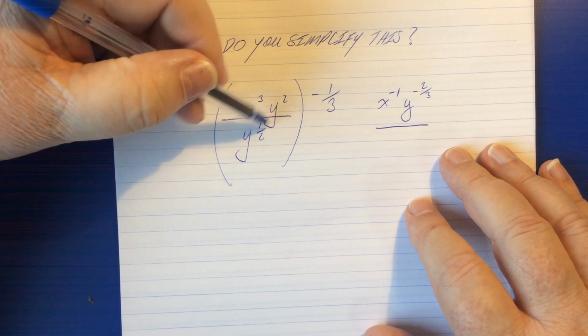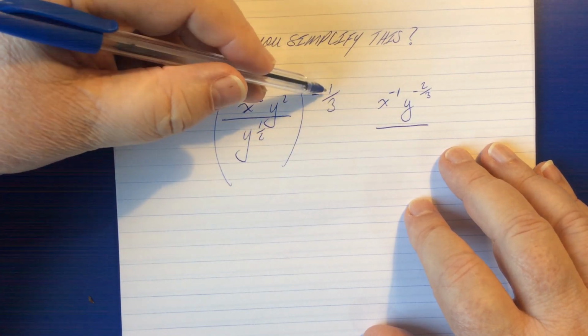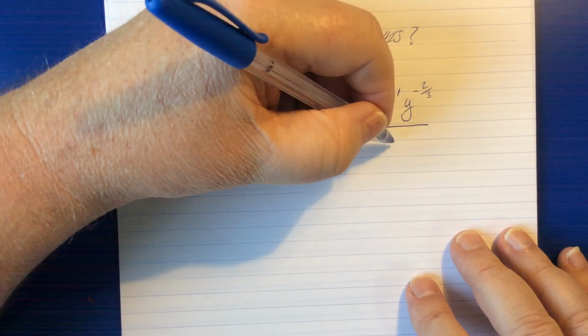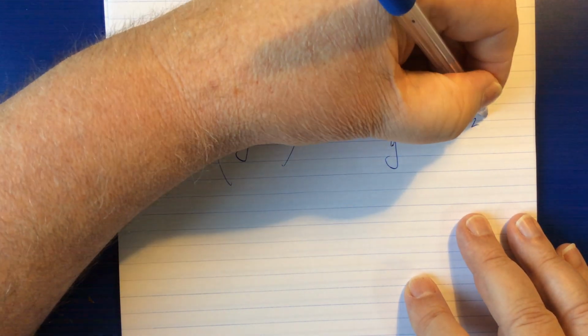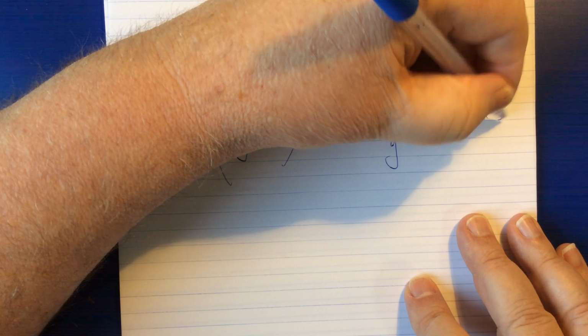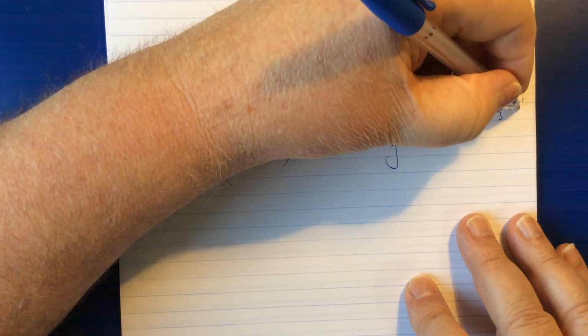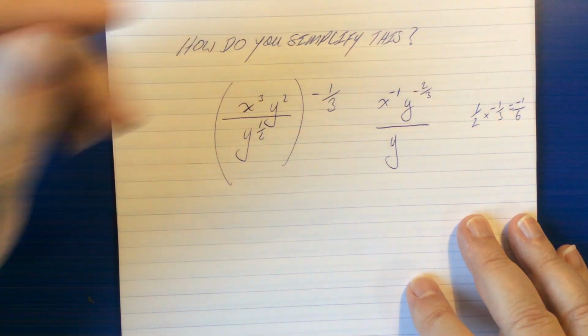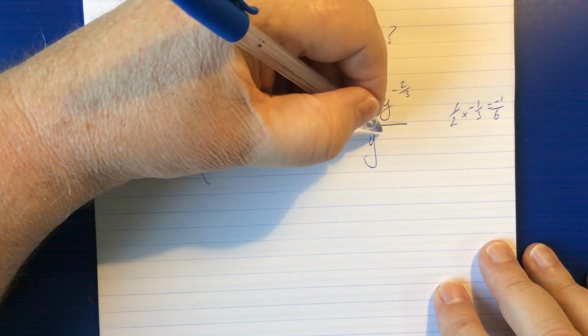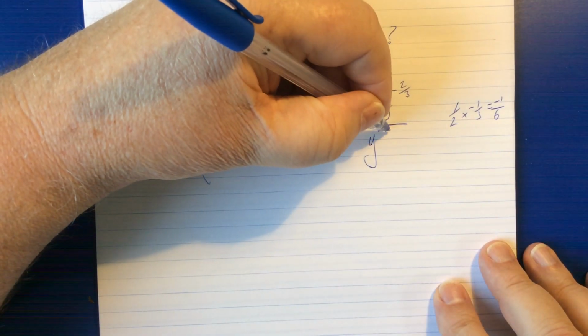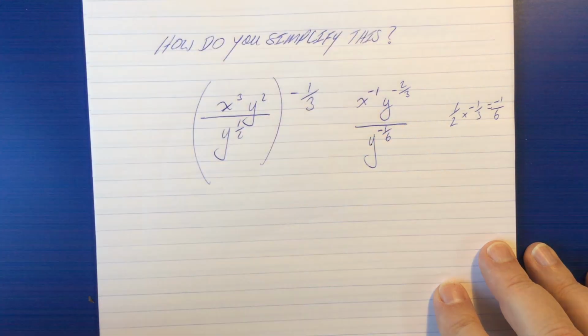And negative 1/3 times 1/2, I'll just do this off to the side, 1/2 times negative 1/3 equals negative 1/6. You just multiply straight through, basic fraction work. So that is negative 1/6.